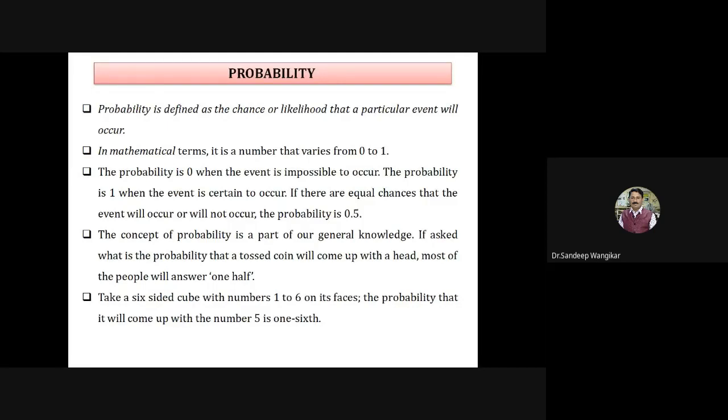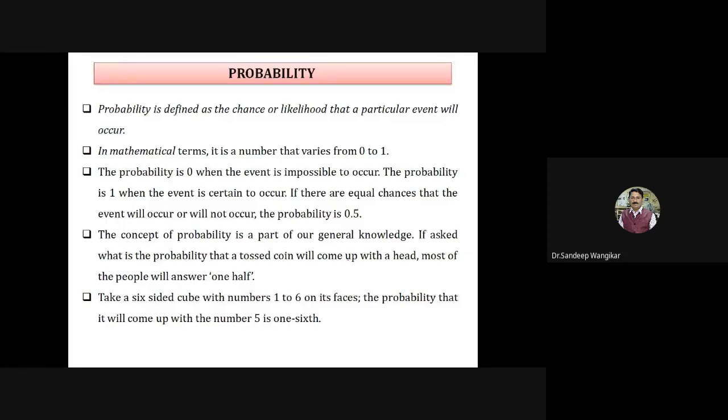What are the chances that tail will be there? 50%. So 1/2. So I can say here the probability is 0.5. These examples we are discussing to understand the concept of probability and how it is calculated. Then further concepts like probability distribution and related numericals will become easy to understand.